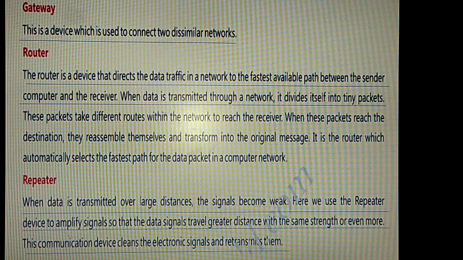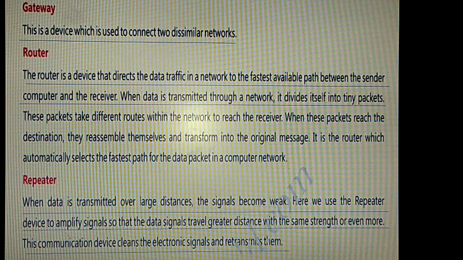Once again, I will explain. In a router, all the data comes together as traffic and is sent by the sender computer to the receiver computer, and this data is divided into tiny packets in the router.